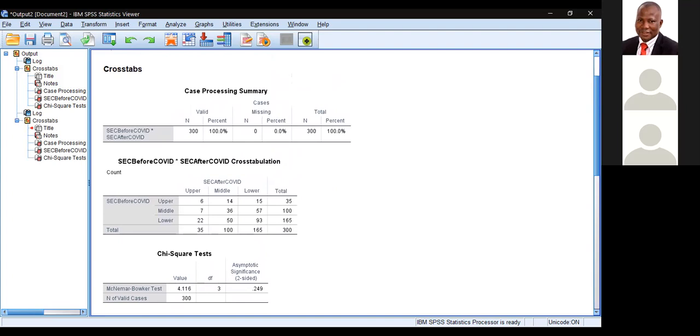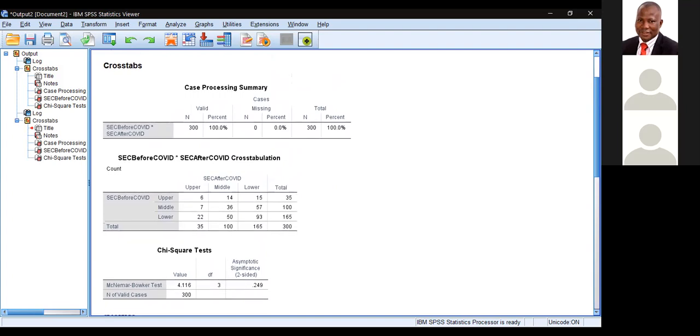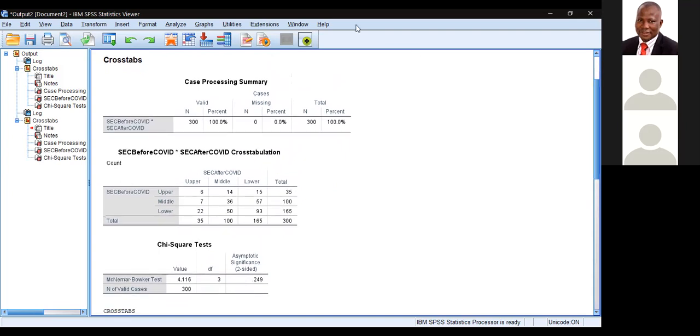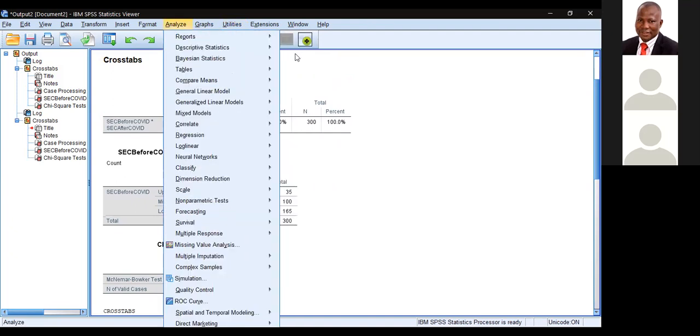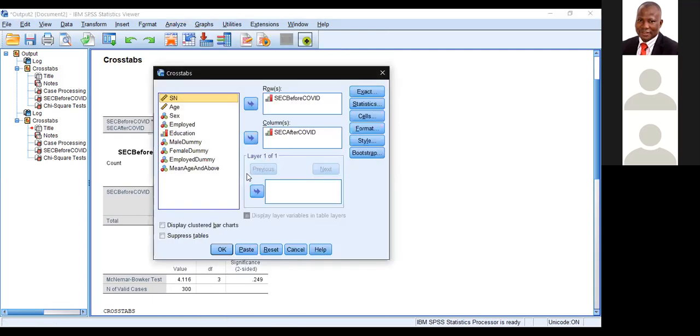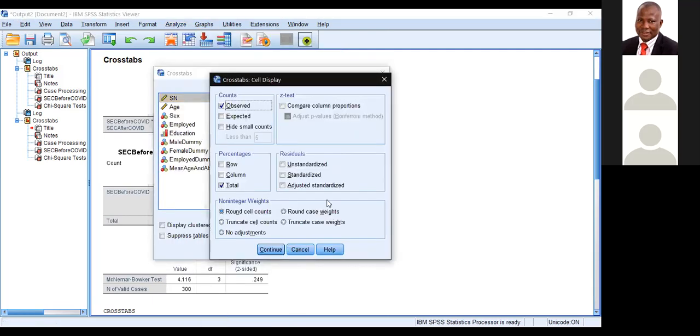He didn't give you the total percent. Okay, don't worry. Go back and click both row and column and click total. I thought the total percentage was supposed to. Okay, click on row and column.